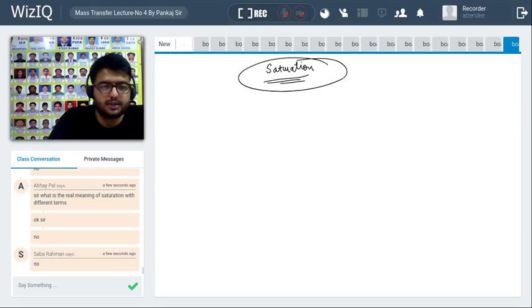Before explaining this concept, just tell me, what does saturation mean to you in general terms? According to you, what should be the definition of saturation? Look, मतलब क्या होता है saturation according to you people? Any guess?